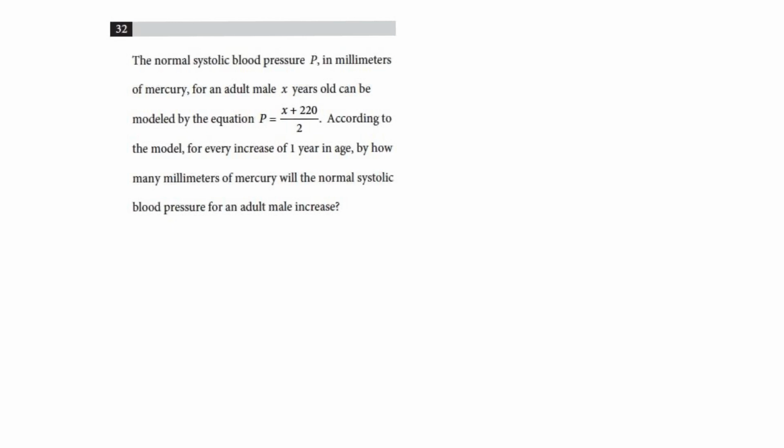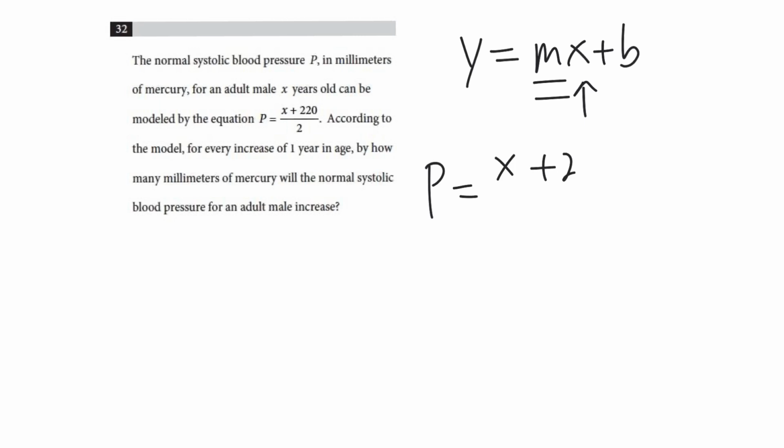All right, well, if we could write this in the form of y equals mx plus b, m would be the increase per year, or per an increase in your x, which is years. So I'm just going to take my function here, and I'm going to divide every term by 2.